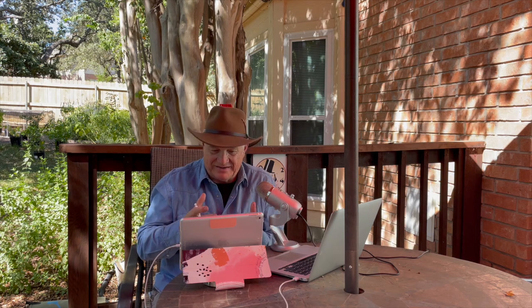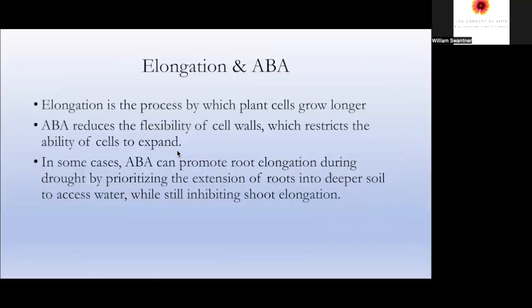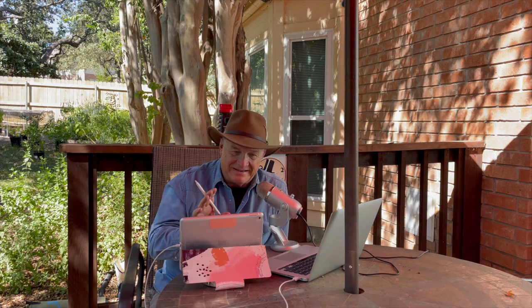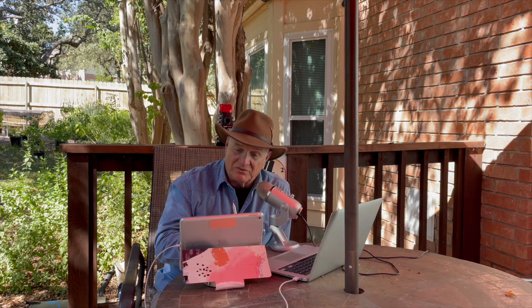To me, that is fascinating to know. ABA can promote root elongation during drought by prioritizing the need of the roots to go deeper into the soil to access water.